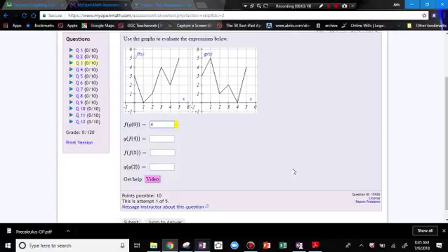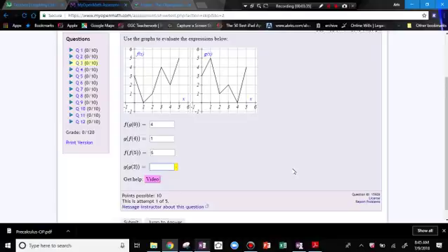G then takes 2 and changes it to 1. F takes 5, makes it 5. Oh, 5 looks like a fixed point. 5 just goes to 5 no matter how much you apply F to it. F of F of F of F of F of 5 is still 5.